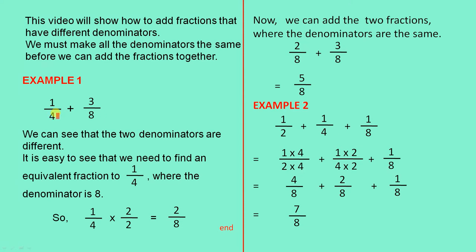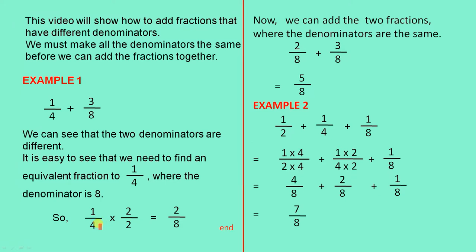Now this is how we check whether it's possible to find a denominator there which is 8. If 4 divides into 8 evenly, then we can find a denominator here which is 8. So 4 divides into 8 evenly. So what do we have to do to 1 quarter, that is to 1 over 4, to change it to a denominator where the denominator is 8?